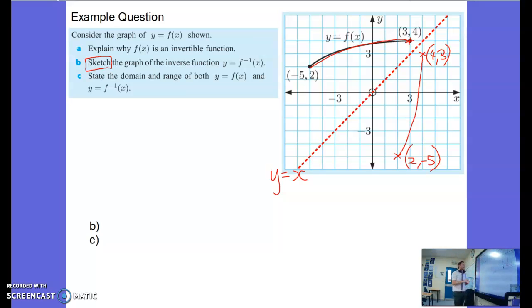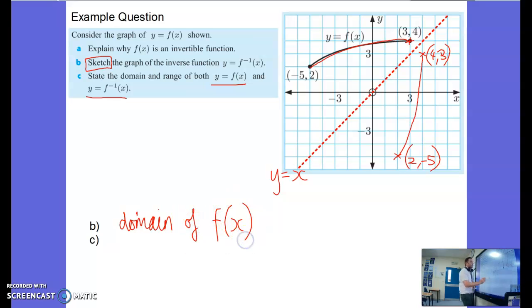Final part here, C, state the domain and range of y equals f of x and of our inverse function. Well, the domain is all the inputs, the x values. So we can say that the domain for f of x is going to be from here to here.